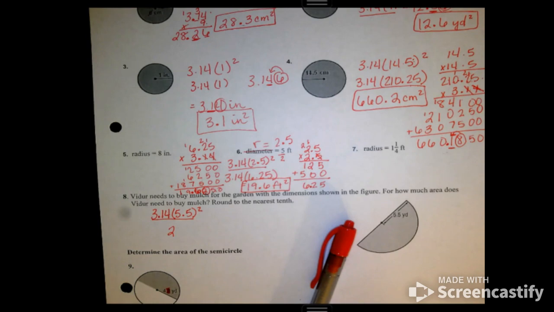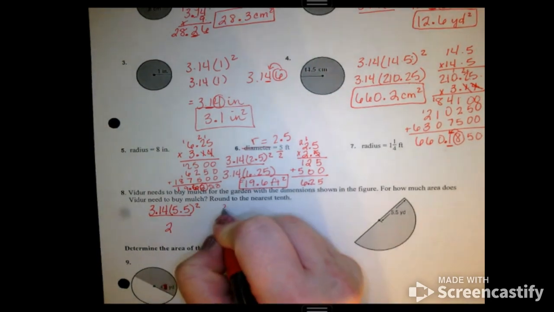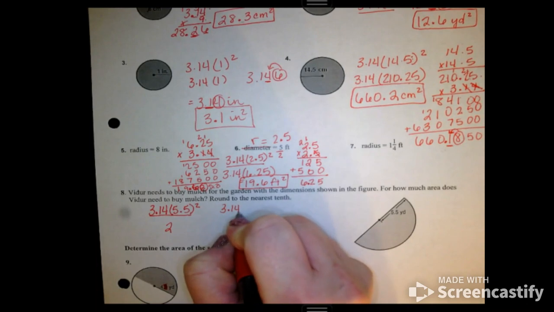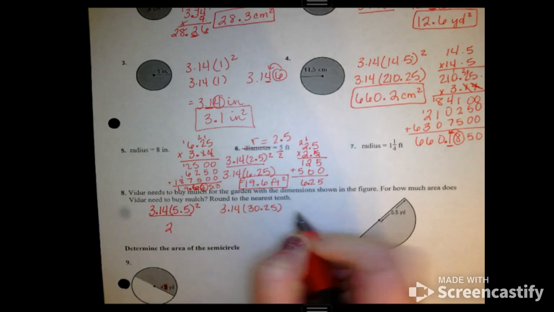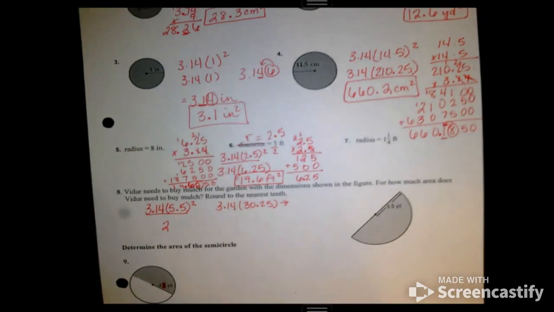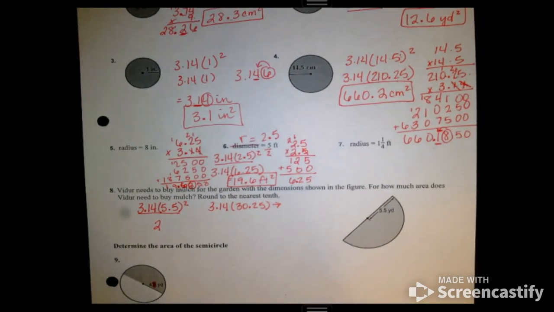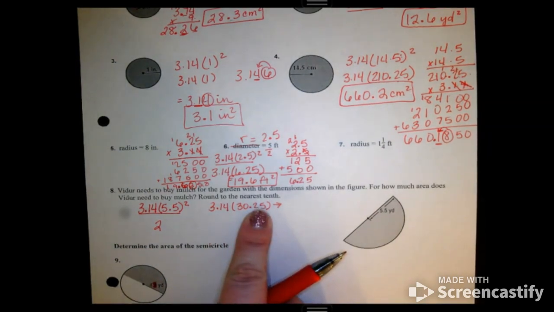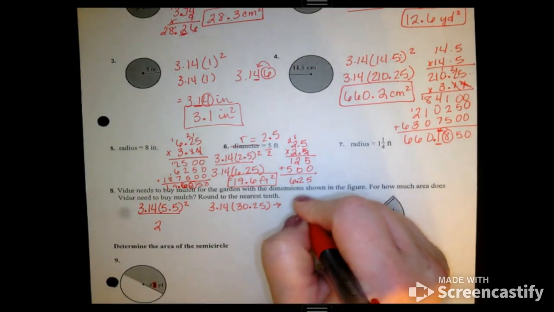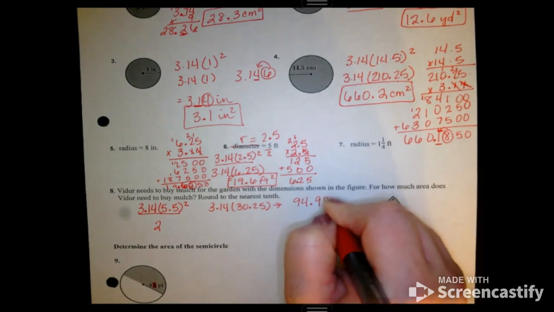All right. You got it? Yeah. First of all, what's 5.5 squared? 30.25. Okay, so here's the kicker, because that's a big multiplication problem. What did y'all get when you multiplied 3.14 times 30.25? 94.985.